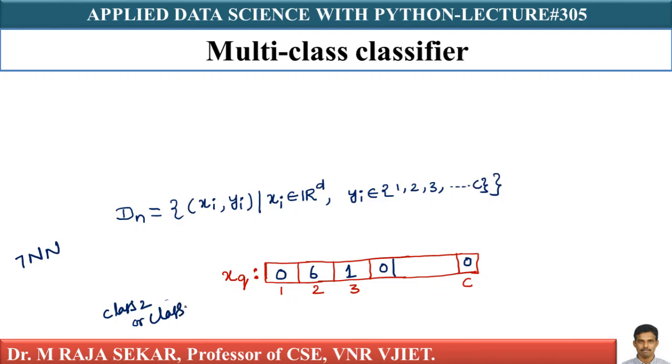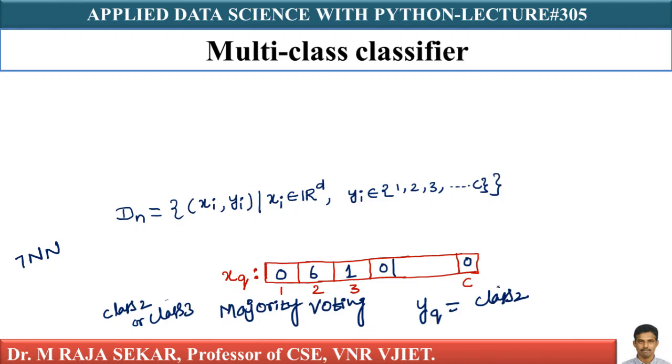Either class 2 or class 3. Why? Because there are 6 neighbors related to class 2 and one neighbor related to class 3. What is the basic concept in the k nearest neighbor algorithm? Majority voting. This is the basic idea behind the k nearest neighbor algorithm. If I use a simple majority voting scheme, I will declare my yq as class 2.